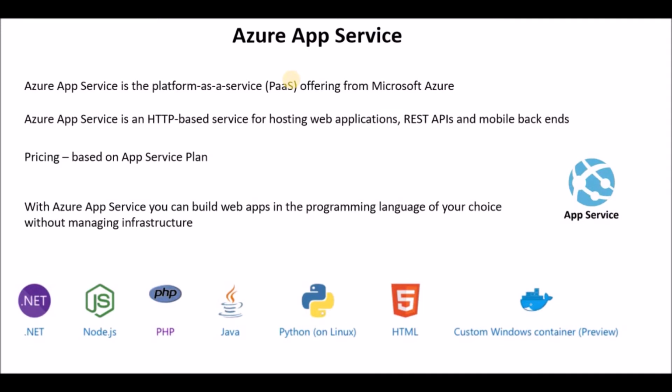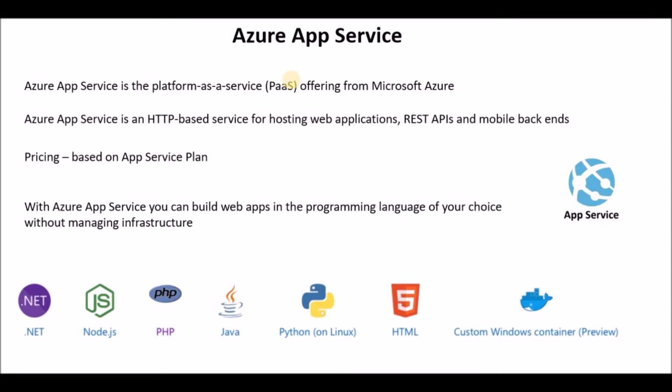And if you see, Azure App Service is an HTTP based service for hosting your web applications, REST APIs, or mobile applications. So basically, Azure App Services is useful for the hosting of your web application. Pricing, if you consider, there are service plans available in Azure, and based on that you are charged for using Azure App Services.